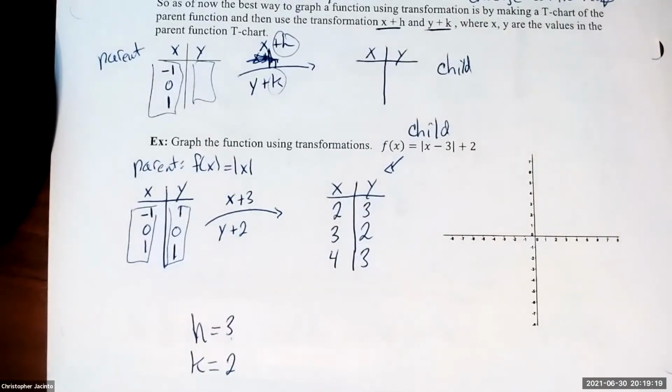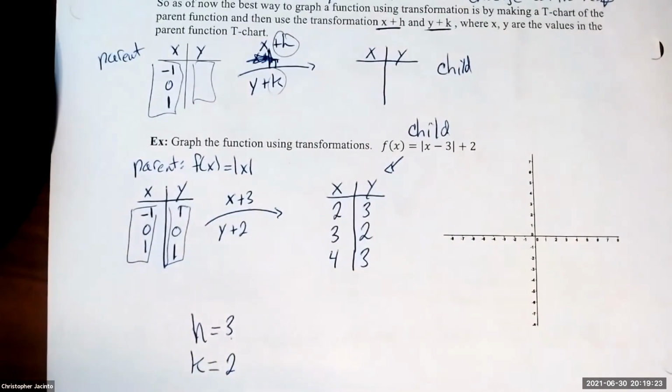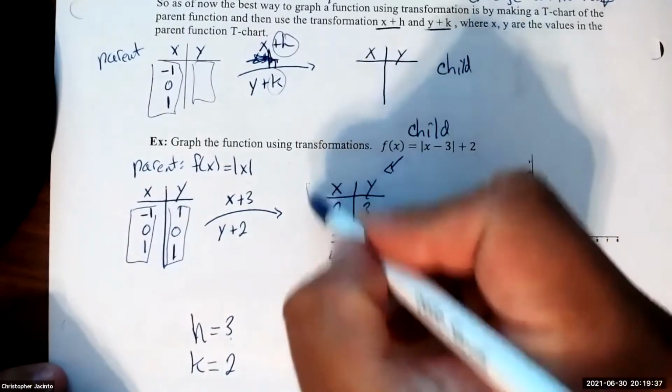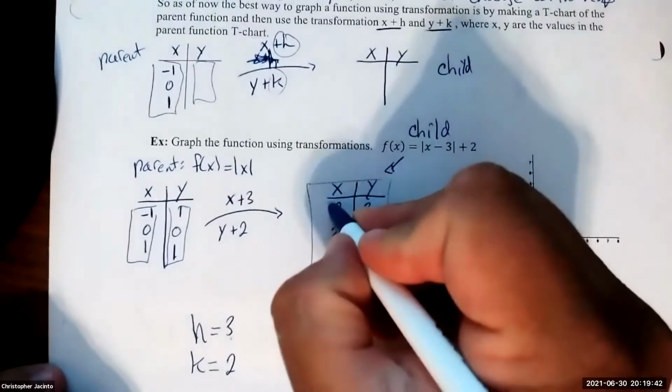Okay, so before I go any further, any questions on what we just did? So everybody good? Okay, all right. So now all we have to do is graph this and we are done. So remember, these are points.